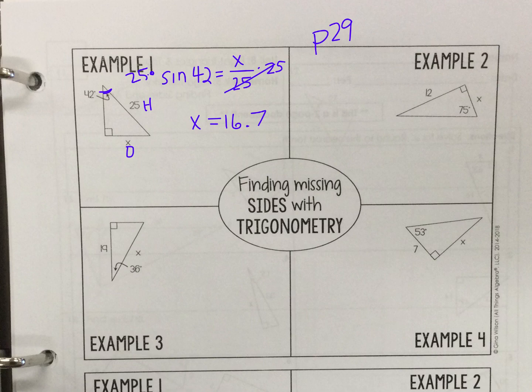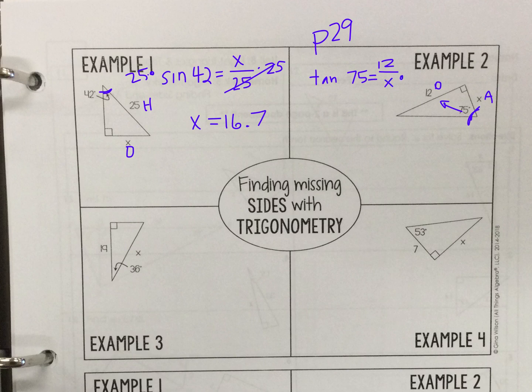16.7. Number 2, I'm looking at this 75. The x is an adjacent. The 12 is not the hypotenuse. 12 is the opposite because it's across from the 75. So that means I'm going to do tangent of 75 is equal to opposite over adjacent.